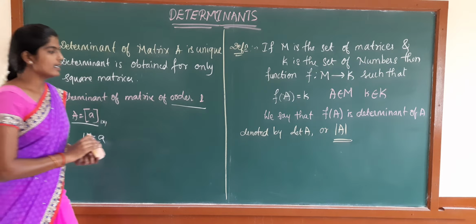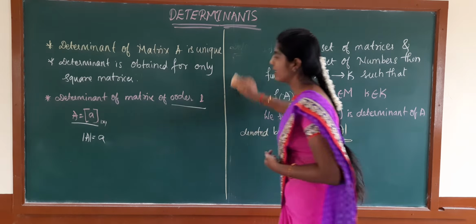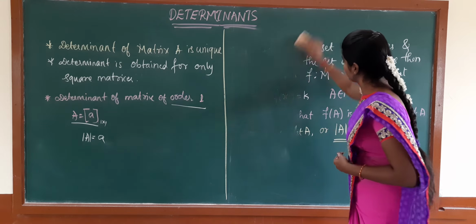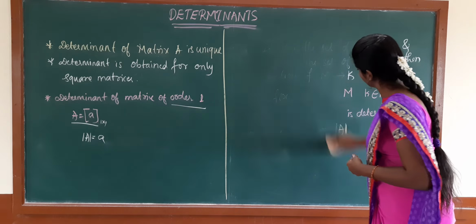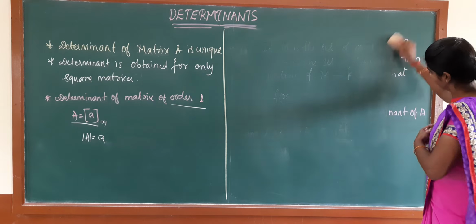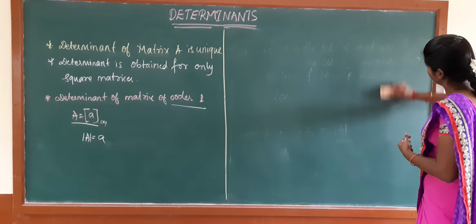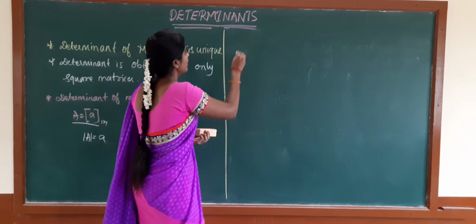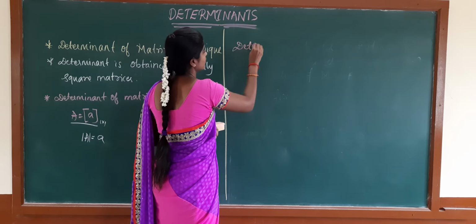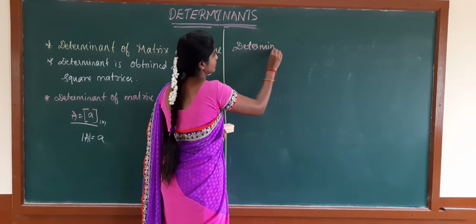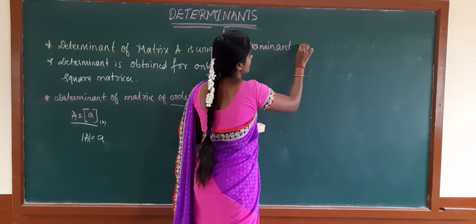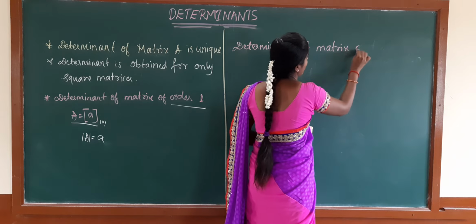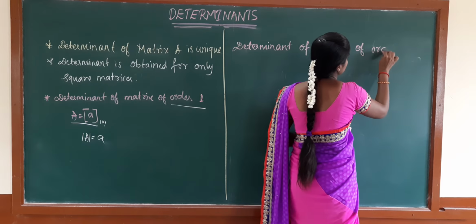Next, consider the determinant of a matrix of order 2. How do we write a matrix of order 2?